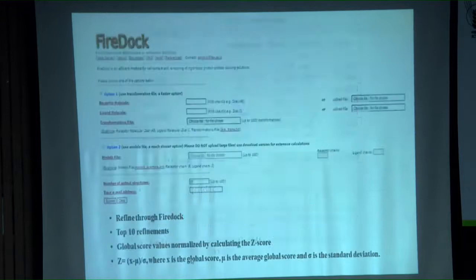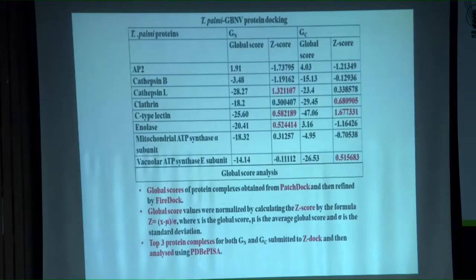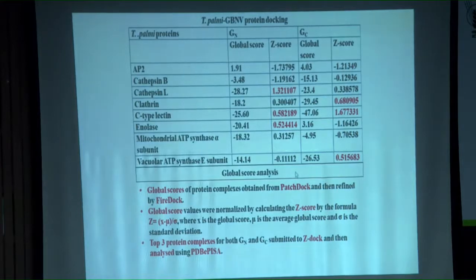So this is the formula of the Z score. You have to normalize the global scores of each protein interacting with GN and interacting with GC. Based on that global score, we use the Z score formula and normalize the global score. Okay. Based on this normalized value, you can choose.